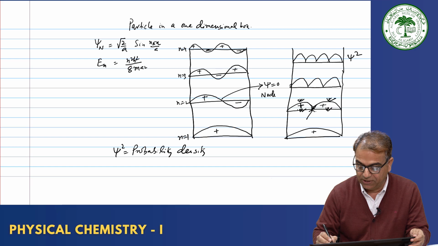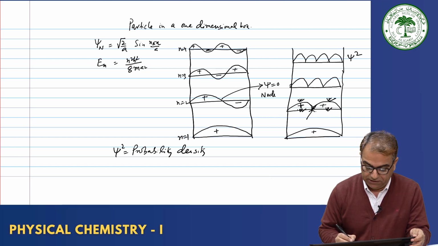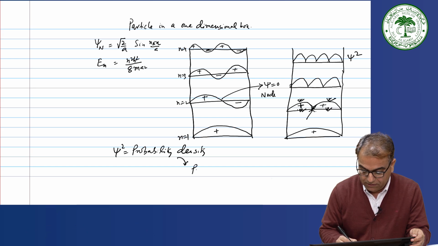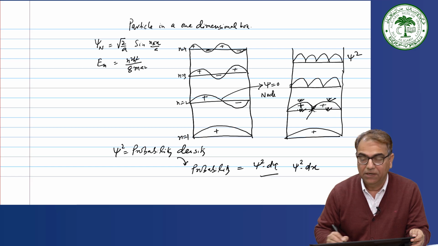Now see, what we have plotted is the probability density. So in order to convert this probability density into probability, you need to get psi square d tau value, and in this case it will be more specifically psi square dx.